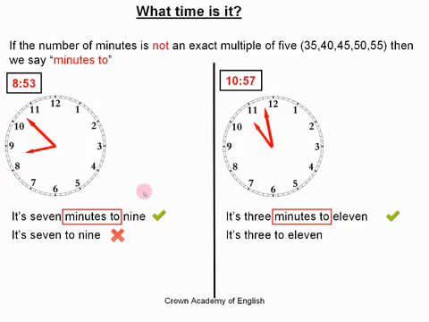And it's 3 to 11 is wrong. Okay, so again, it is because the number of minutes is between 55 and 60 and the hour. So we add the word minutes before the word to.